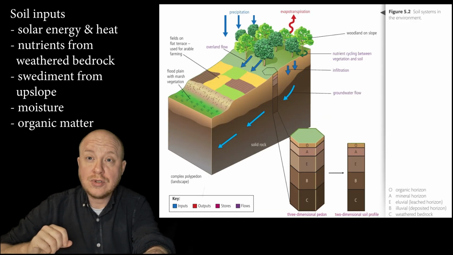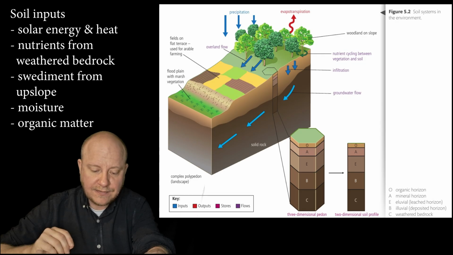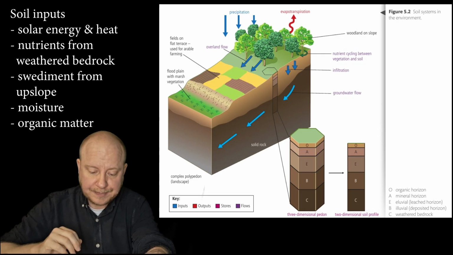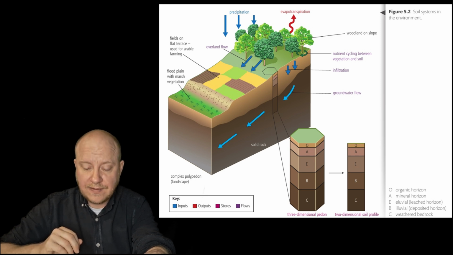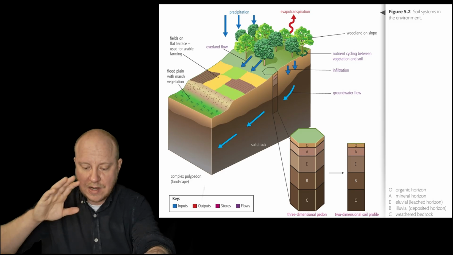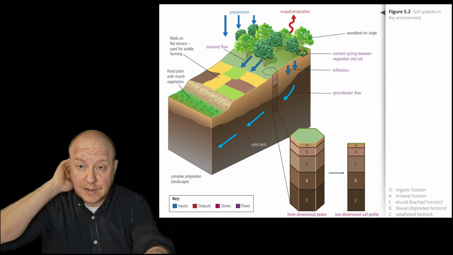Soil inputs include solar energy and heat, nutrients from weathered bedrock, sediment from upslope, moisture, and organic matter. Now we're going to look at figure 5.2, soil systems in the environment. Okay, and you can see how the slope of the land is depicted in the picture. That's important.